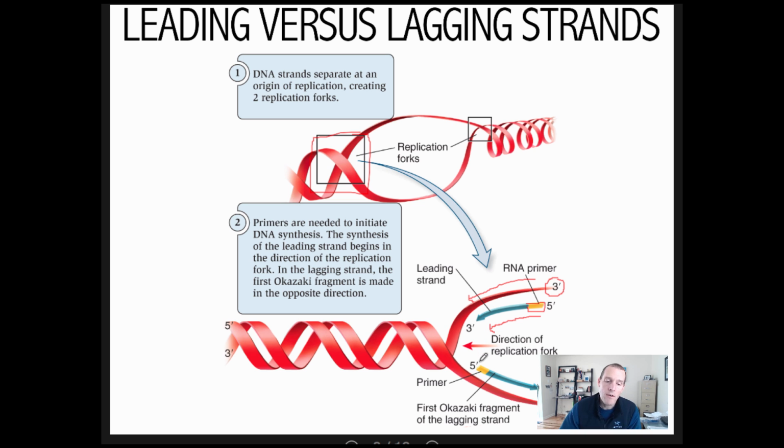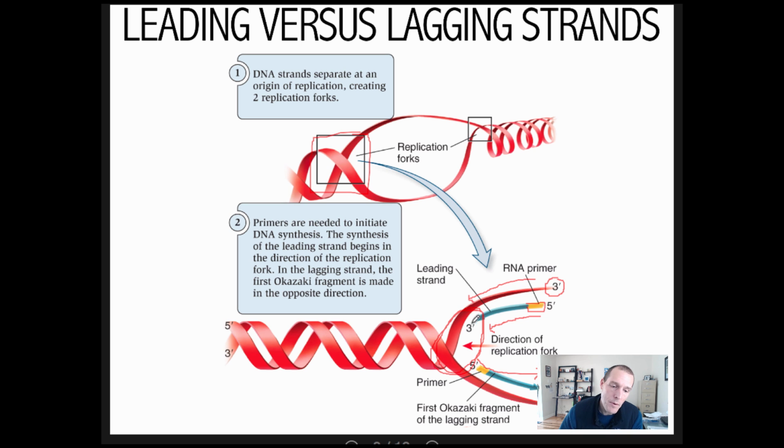Now, because of the anti-parallel nature of DNA, we must be making the other strand moving away from the replication fork. So here's the problem. The enzymes that do all of the DNA synthesis sit right in here in the replication fork.